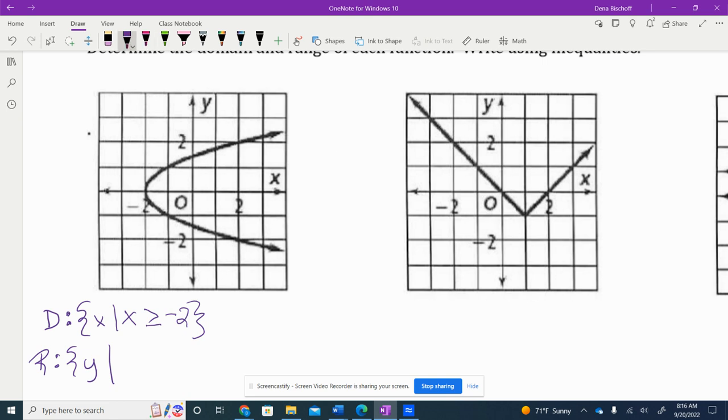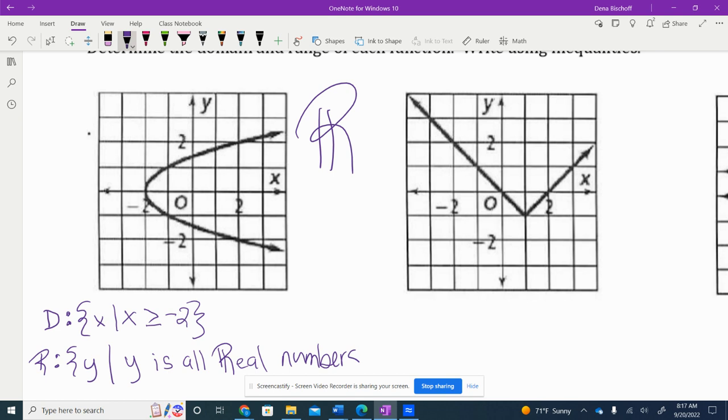So the way that we identify the range is we say that the range is y such that y is all real numbers. You can abbreviate it with a capital R if you put a double slash through it, like this. This is real. All real numbers. That's how we do that. So the range is all real numbers.